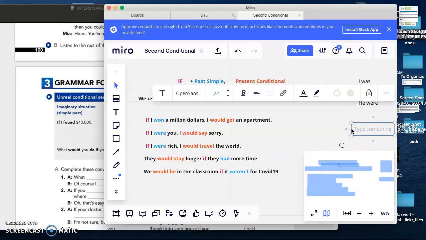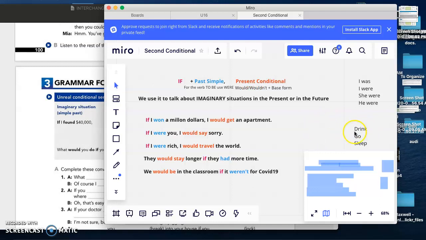Remember that the base form is just the verb. For example, drink, go, sleep, etc. This is the base form, just the verb in its most simple form, like its original form. So again, to use the second conditional, we are using the particle if, we are using the past simple, and we are using were for the verb to be all the time.